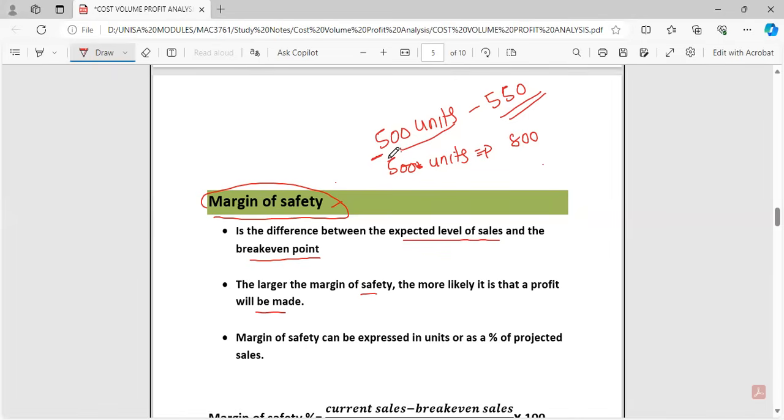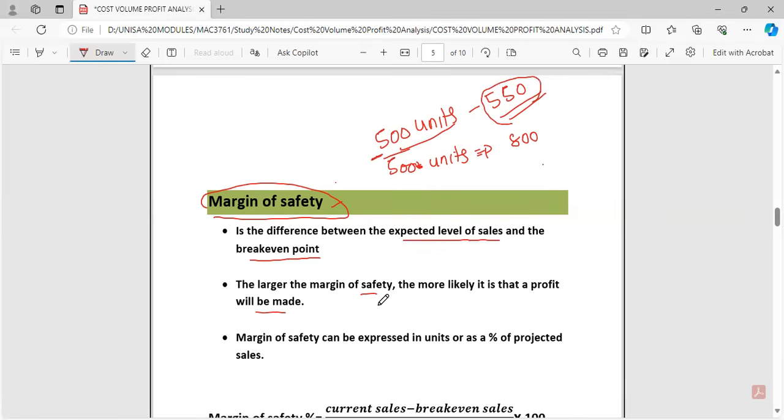So it's very important for management accountants to check the margin of safety of the organization, so that in the event that anything happens to the sales, they can still continue with the business, right?